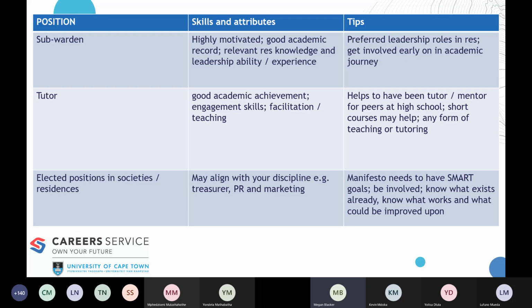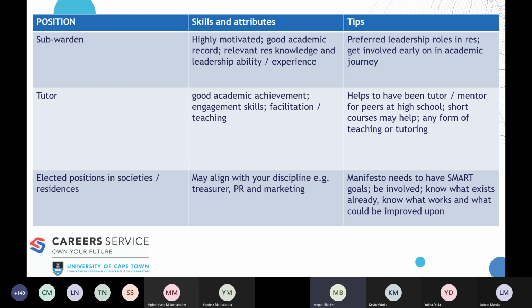For the subwarden, skills and attributes usually looked for are someone who's highly motivated, with a good academic record, and, as Lufuno shared, knowledge of that particular res. Leadership ability or experience is also helpful.